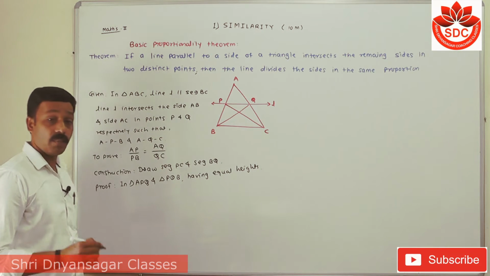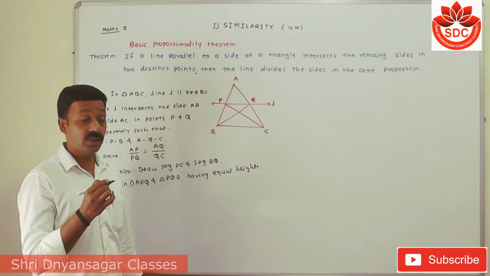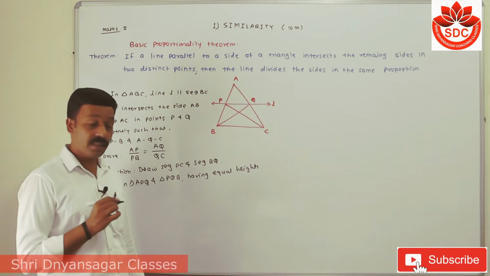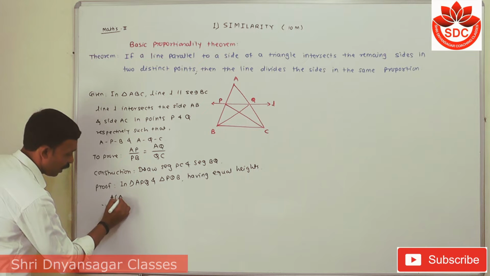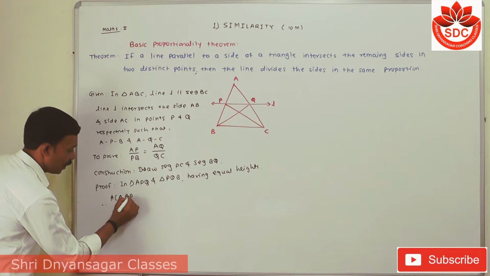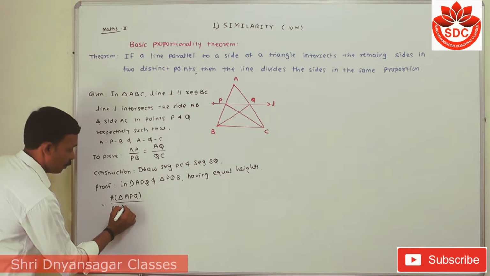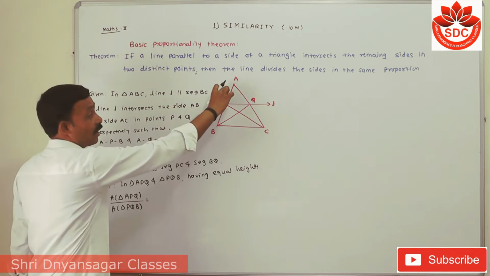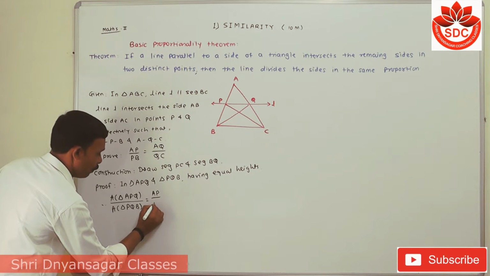Students, we know the property: if triangles have equal height, then the ratio of areas of the two triangles is equal to their corresponding bases. So by using this property, I write the first sentence: area of triangle APQ upon area of triangle PQB is equal to the ratio of their corresponding bases, that is AP upon PB.